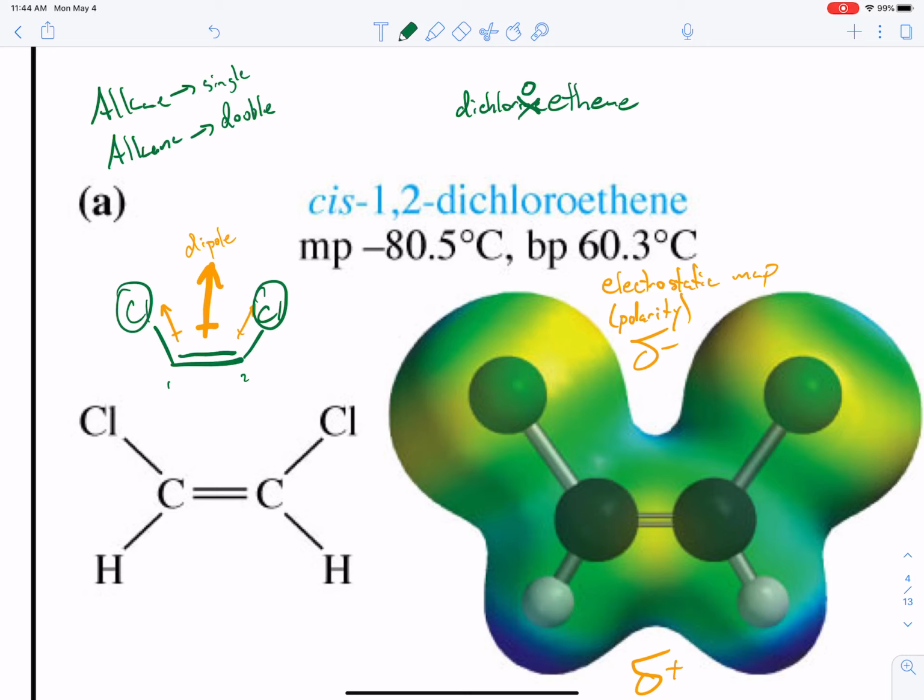Because remember, just saying dimethyl pentane doesn't tell you where those methyl groups are. Likewise, saying dichloroethene doesn't tell you where the chlorine groups are. And if we look here, it's on the number 1 and the number 2 carbon. So we would call it a 1,2-dichloroethene.